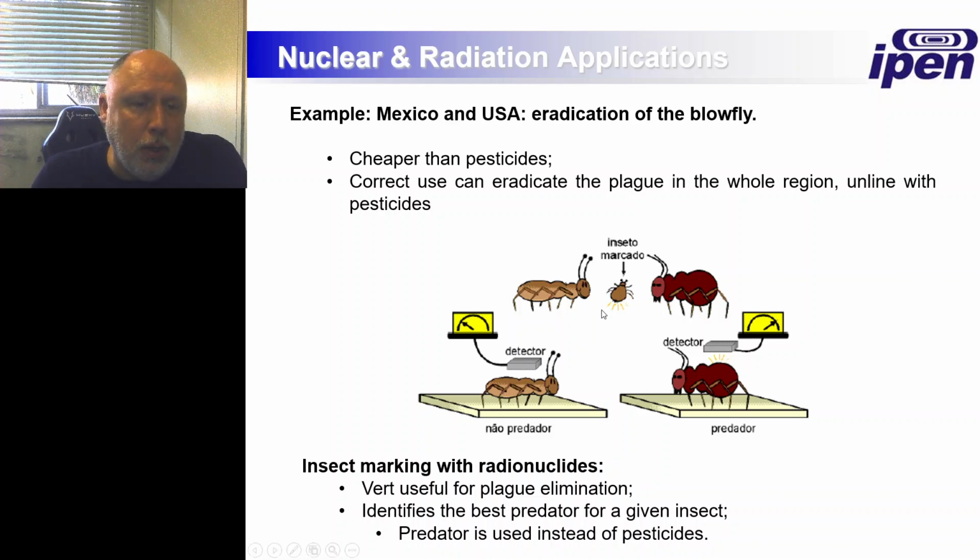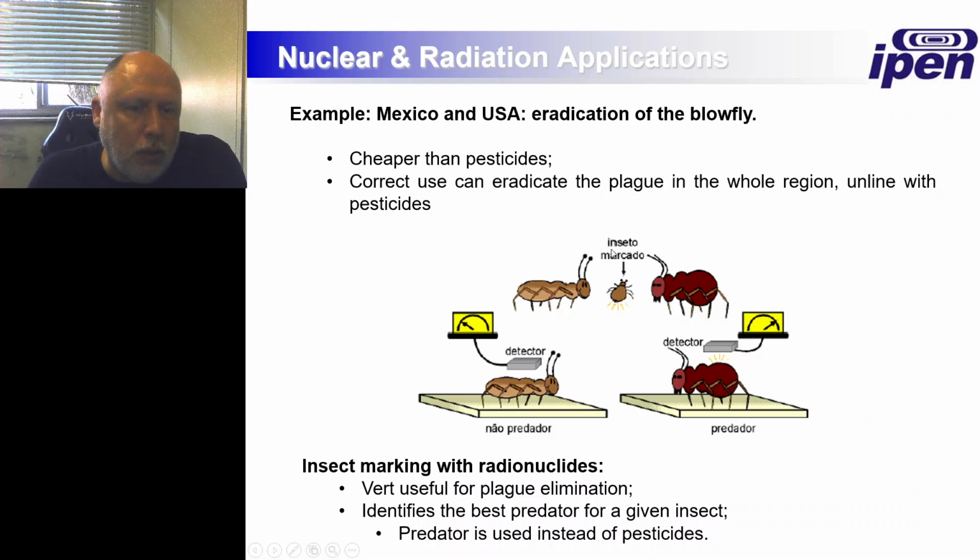The idea: you have a bug, for instance, you mark the bug with a radioisotope, and then you will see which of the other bugs is the predator for that bug. Because if this one is marked with radiation, the one that is the predator will show the presence of that radiation, and the one that is not a predator will not show that.